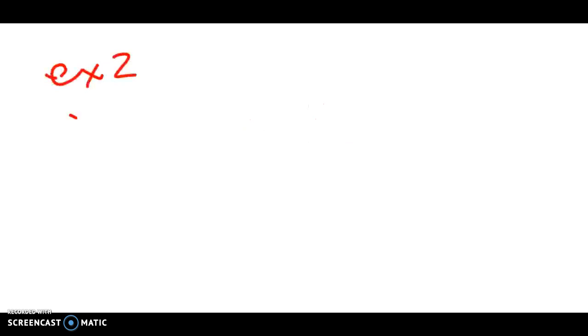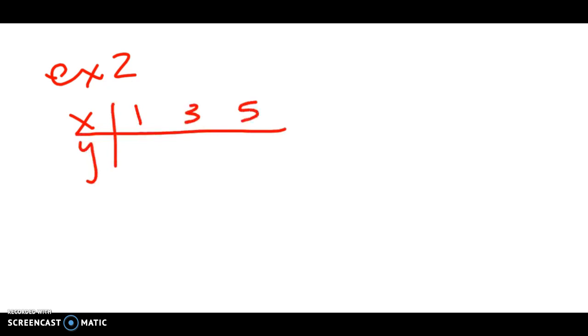In example 2, we have a table. We're going to look at those values 1, 3, 5. This is a quick way of telling from the table whether we have direct variation. We just discovered in solving y equals kx for k that the constant k every time needs to be the same.